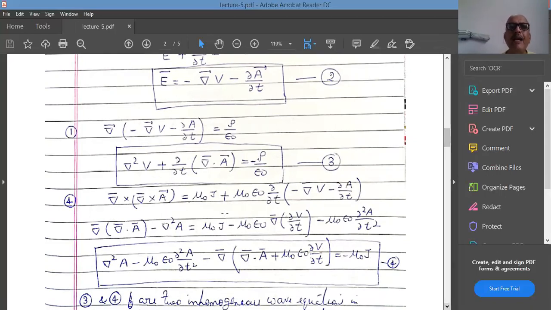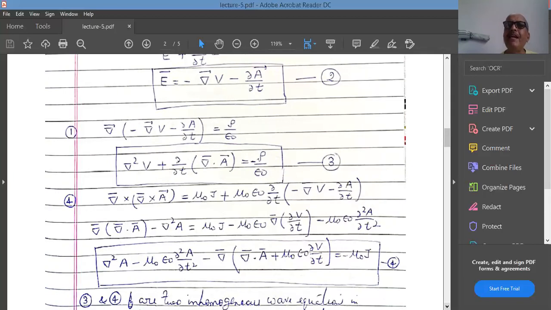So if you look at equations number 3 and 4, these equations are similar to the wave equations. What we have done, 3 and 4 basically represent all the 4 Maxwell equations, because we made use of equations number 2 and 3 to express E and B in terms of A and phi, the vector and scalar potential.